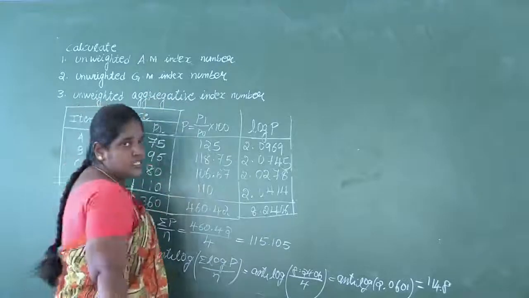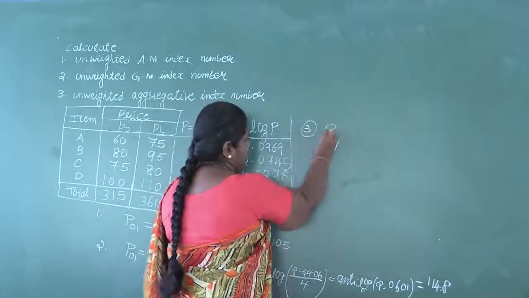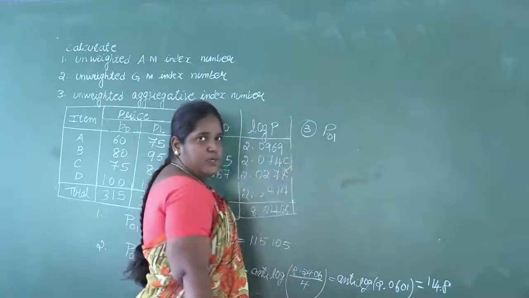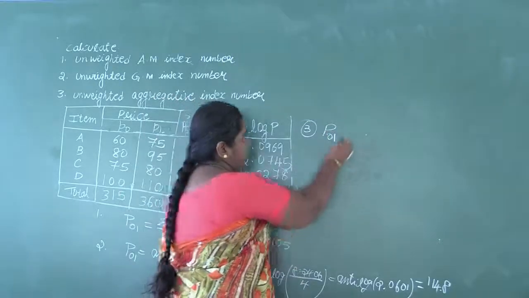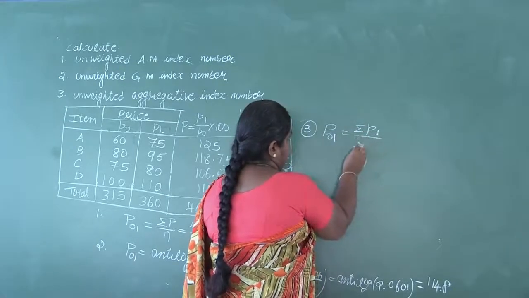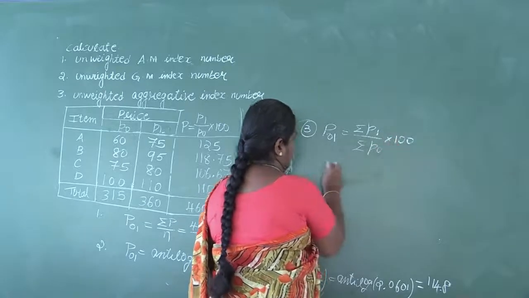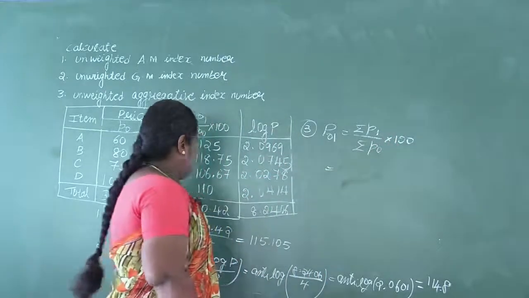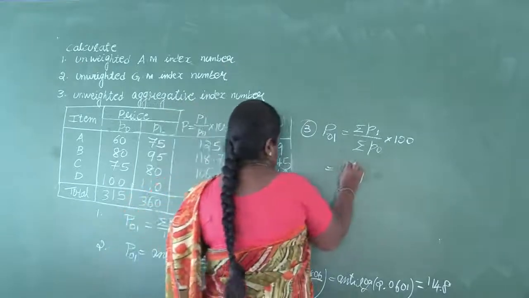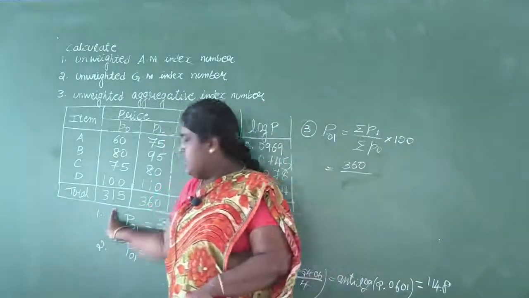The third one is unweighted aggregative index number. What is the formula of unweighted aggregative price index number? P01 equals sigma P1 divided by sigma P0 into 100. Then P1 total is 360. P0 total is 315.